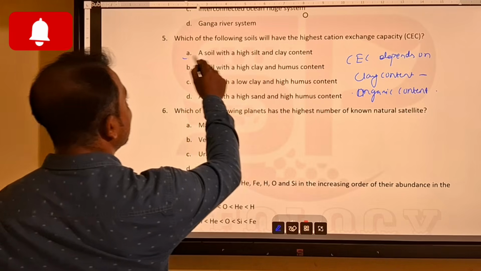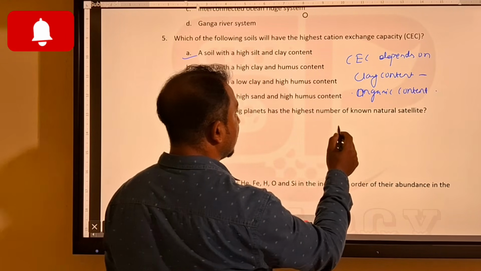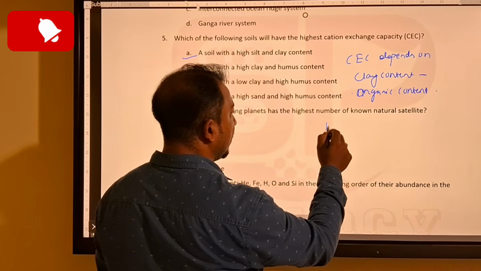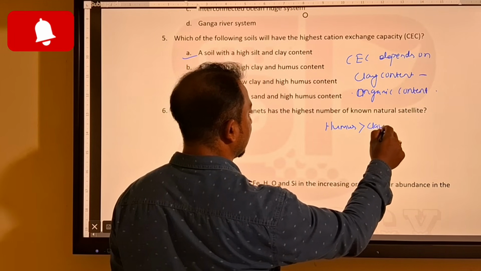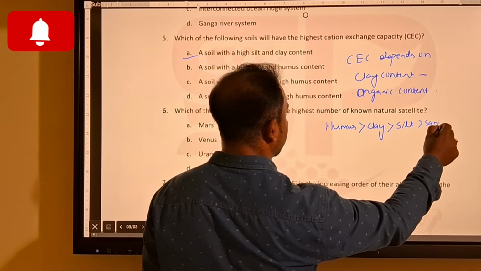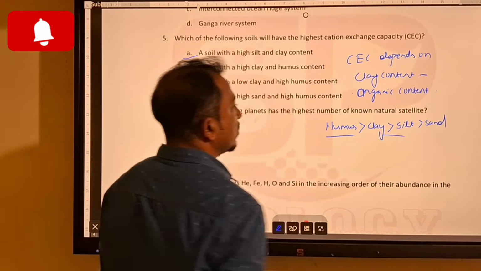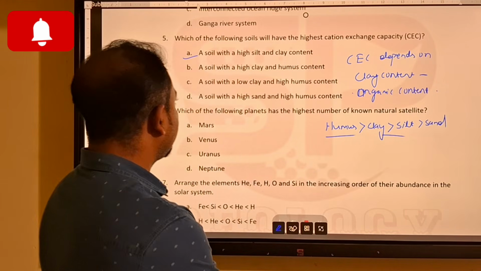A soil with high silt and clay? Just remember this sequence on the basis of CEC: humus is greater than clay, greater than silt, greater than sand. Sand has 0 CEC, it doesn't have any negative charge for cations.